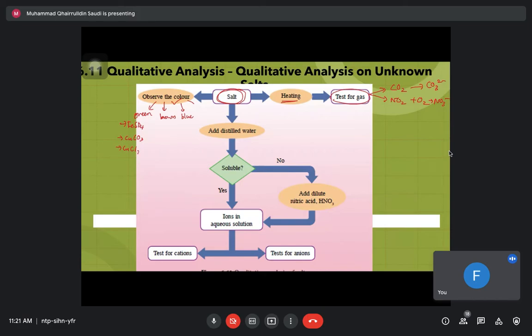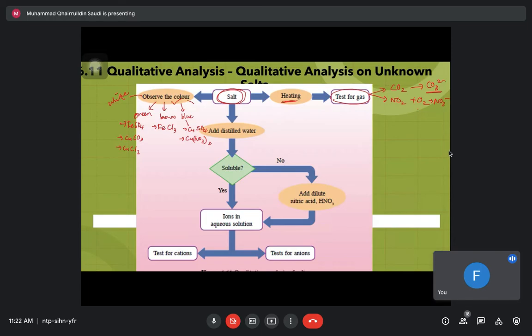Kalau warna brown, iron 3 chloride. Kalau warna blue, copper sulfate ataupun copper nitrate. Okay. Yang lain-lain semua white. Kalau awak heat, ada carbon dioxide, dalam tu ada carbonate ion. Kalau awak heat, dah ada keluar nitrogen dioxide dengan oksigen, dalam tu ada nitrate ion.